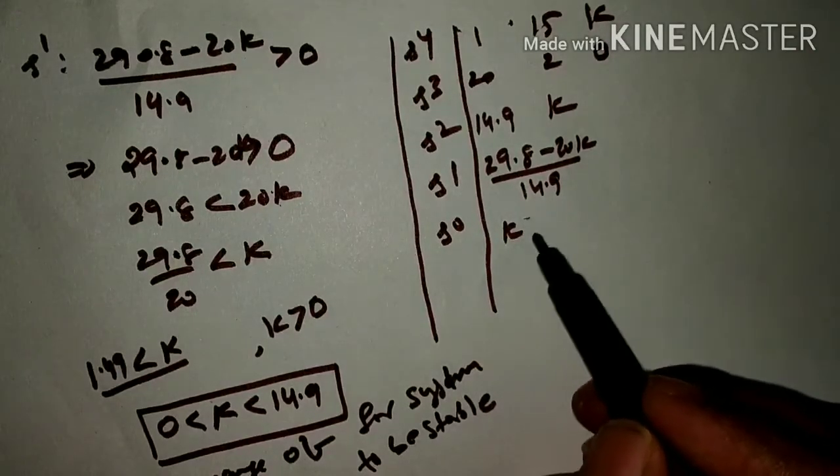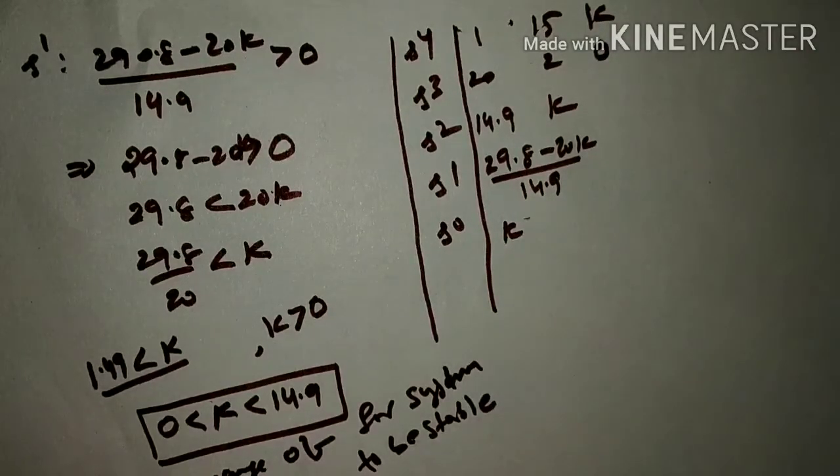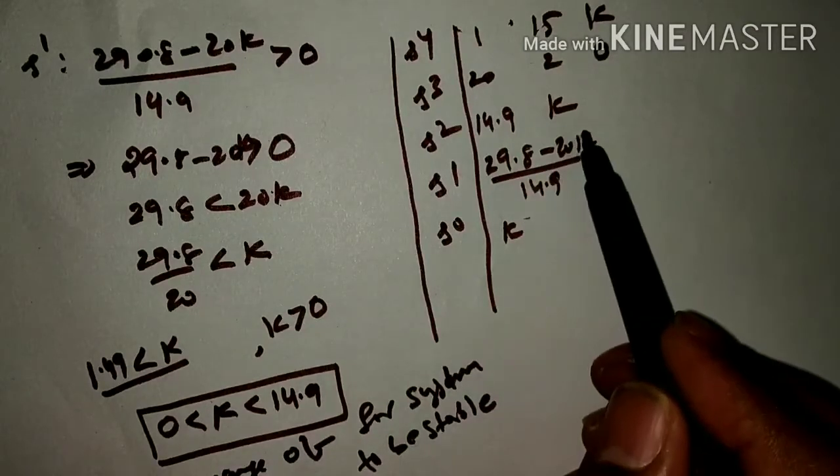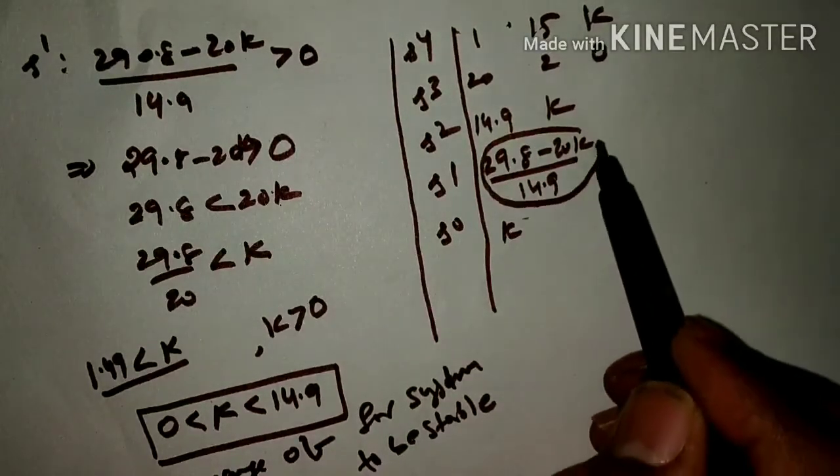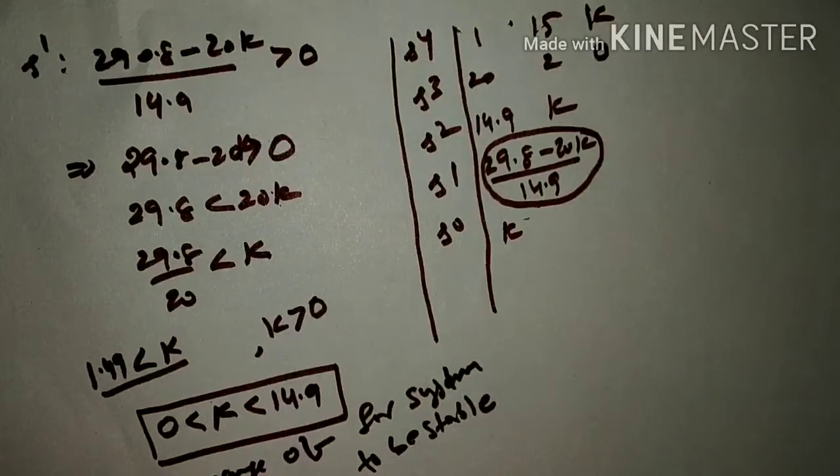So k greater than 0 means a positive value. If we substitute a k value in this equation, the limit is 1.49.